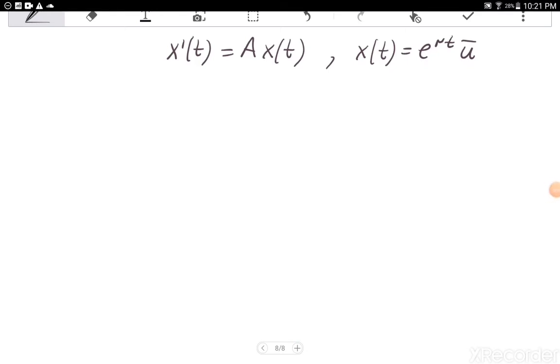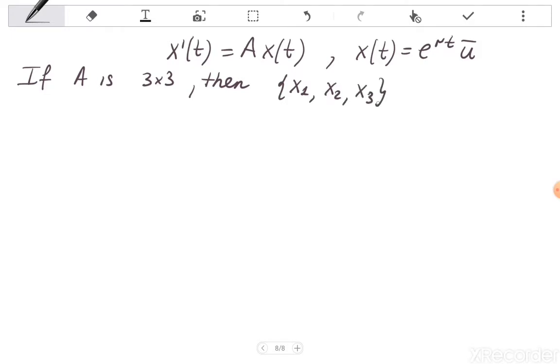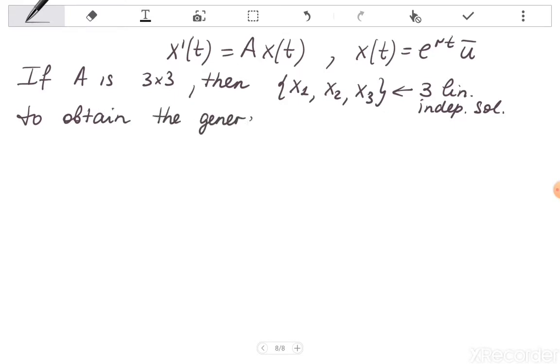Okay, now let's come back to our system. We consider this system and we substituted this solution into the system, and now we know how to find R and U. As you remember, in the previous lecture we realized that if A, for example, is a 3 by 3 matrix, then we need to find three linearly independent solutions to obtain the general solution for the system.